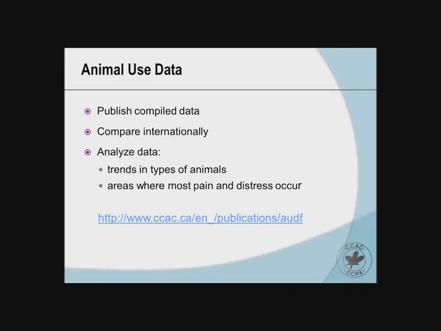So our aim really is to publish compiled data that in time can be used for comparison across years and between countries. We also intend to continue to use it to monitor trends in the types of animals and in the uses of those animals in order to continue to work on improving the welfare of animals across Canada.